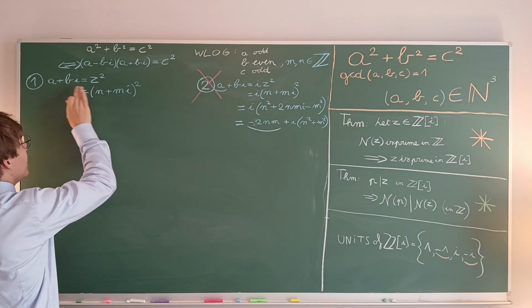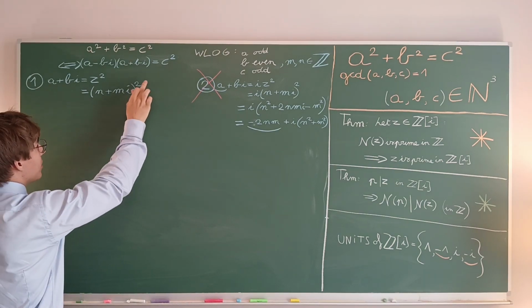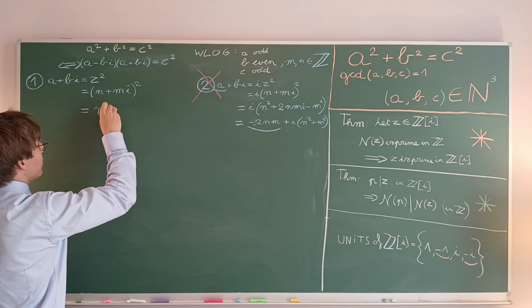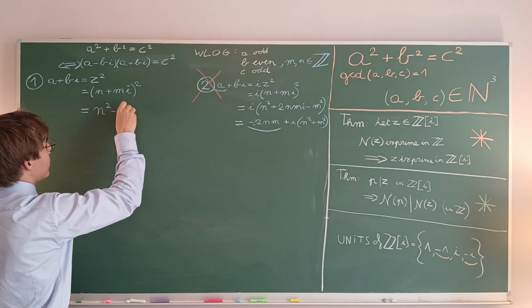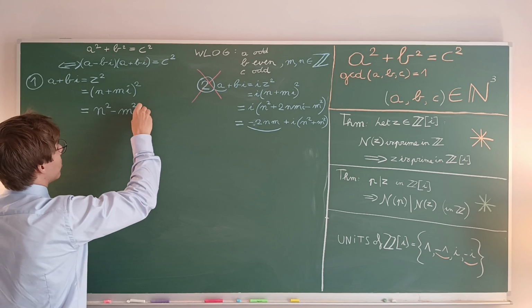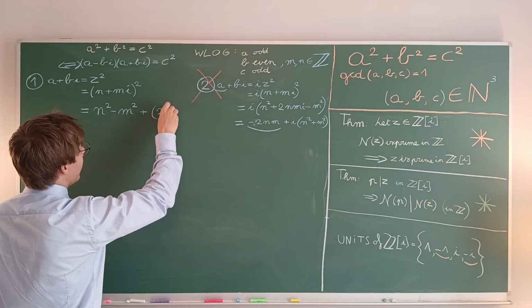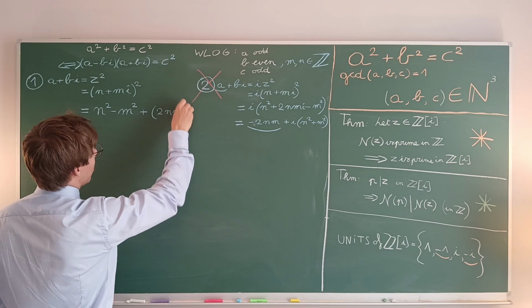So a plus bi is equal to n plus mi squared, which is equal to n squared minus m squared plus 2nmi.